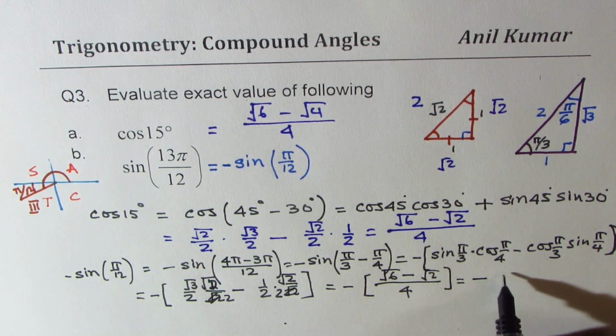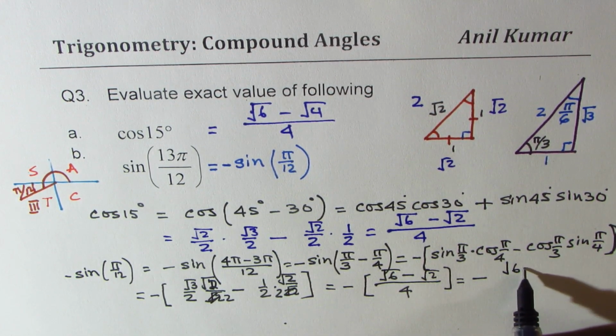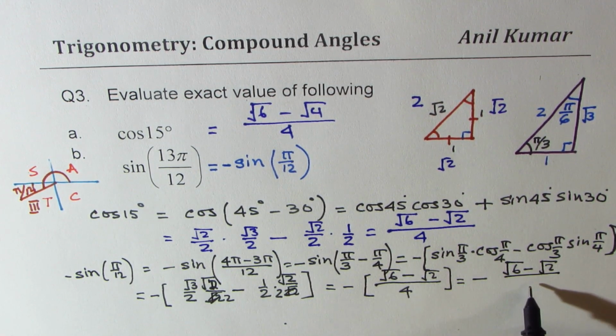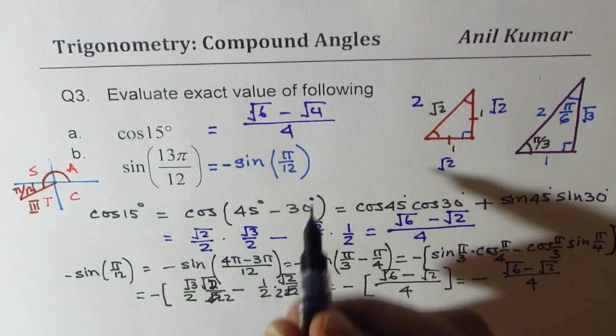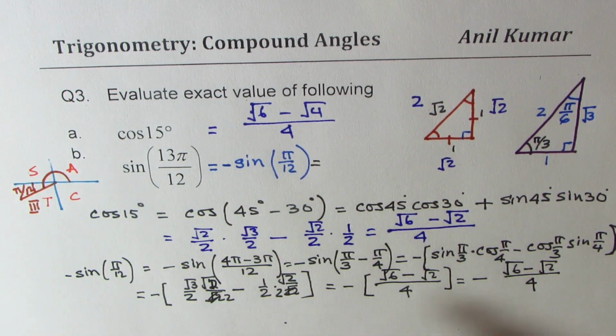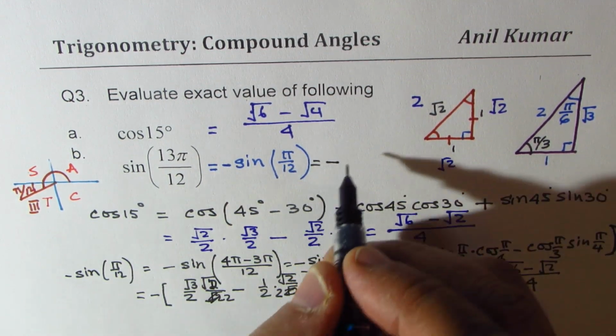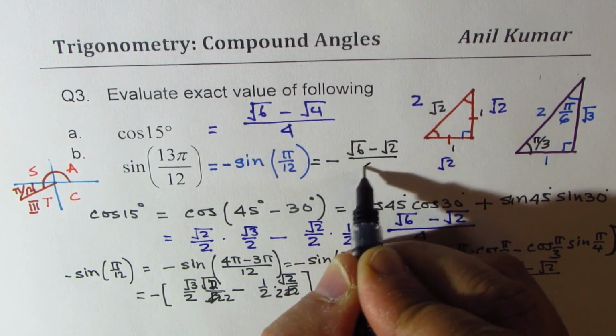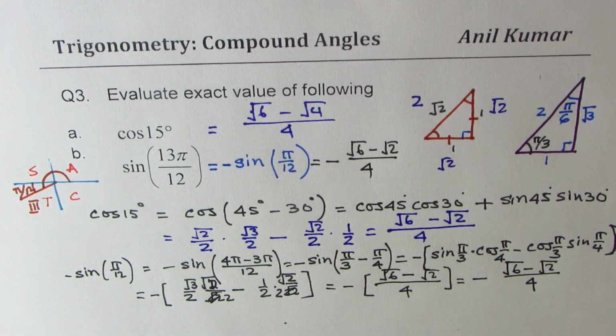So this is negative of square root of 6 minus square root of 2 divided by 4. Correct? So that is our answer. So for sine 13 pi by 12, we get negative square root of 6 minus square root of 2 divided by 4. Is that clear to you?